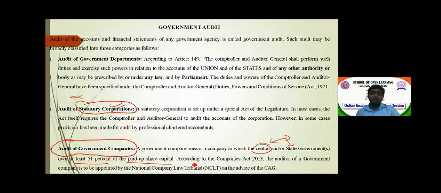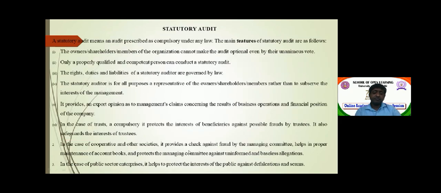So as per the Companies Act 2013, these companies are going to have the audit of financial statement periodically, and of course the government is going to assign the person who shall be auditing the financial statement of these concerns.